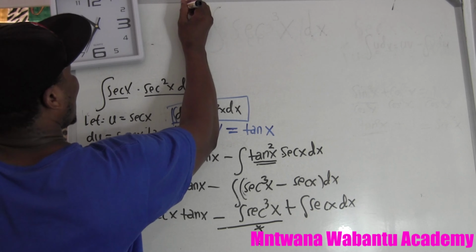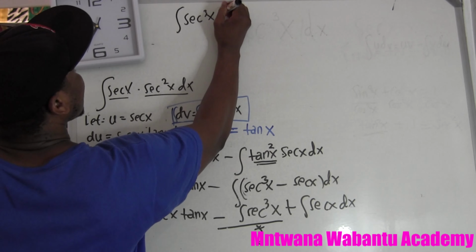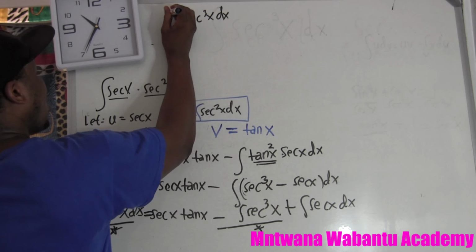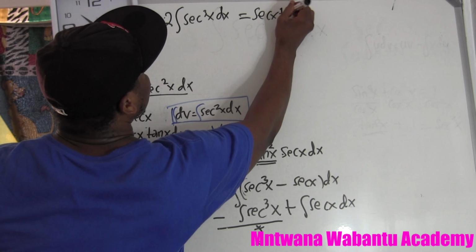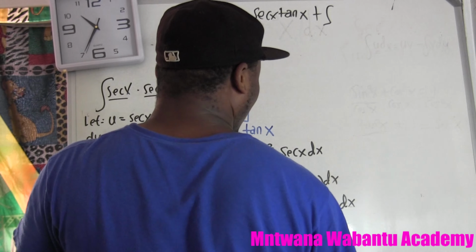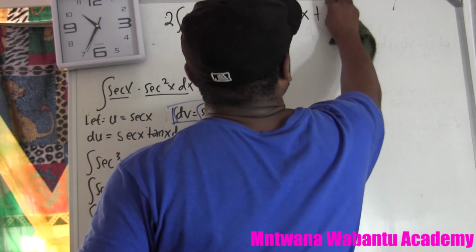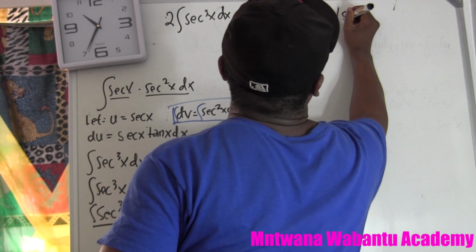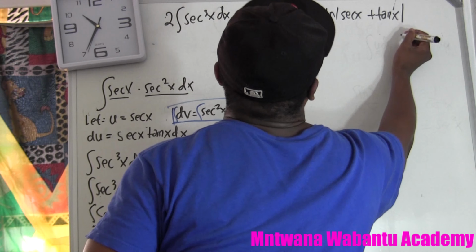So two times the integral of sec cubed x equals sec x tan x, plus the integral of sec x. When you integrate sec, you get ln of sec x plus tan x, in absolute value.